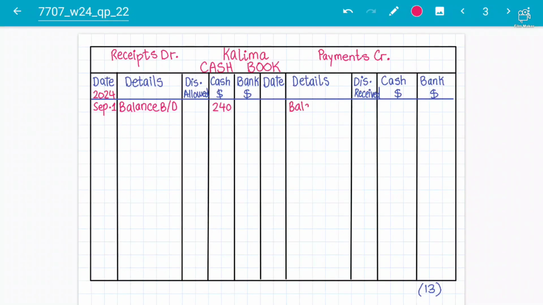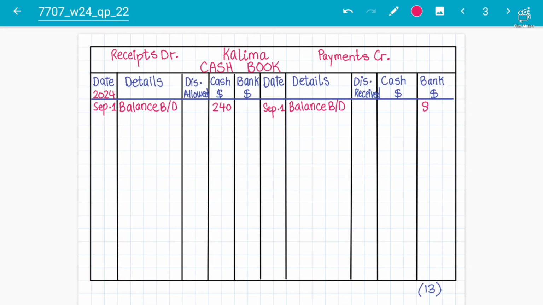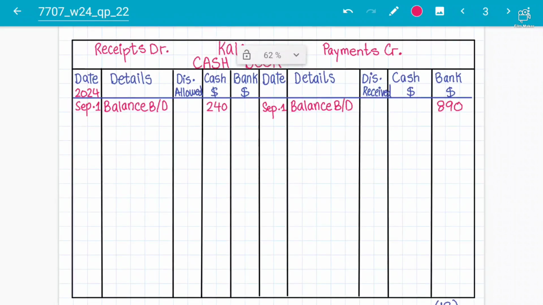And also we have balance brought down on the other side as well on September 1st, which is an overdraft balance of $890. So $890 is an opening balance, a bank overdraft, on the credit side, and this is the debit side. Let's start solving the transactions.